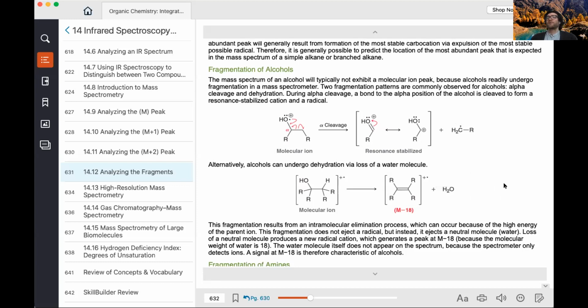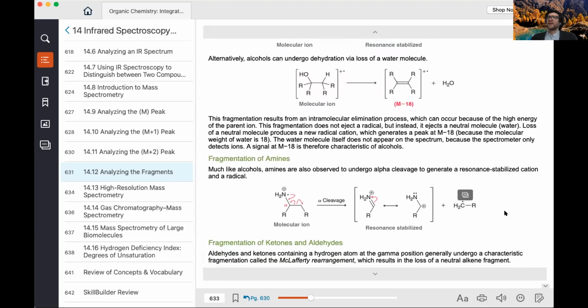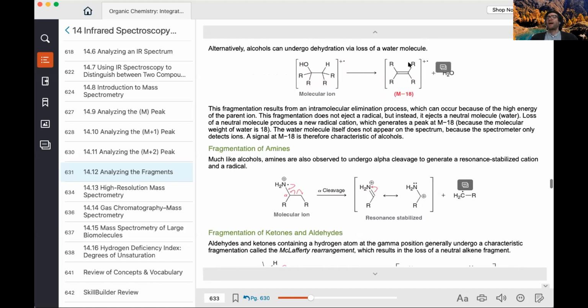So you should always look for an M-18 peak to see if there's an alcohol present in the spectrum. Because if there is an alcohol present, it's more than likely that you will have an M-18. Amines undergo some similar things, except they don't have the dehydration reaction to do. So often you will have some much more complicated fragmentation.